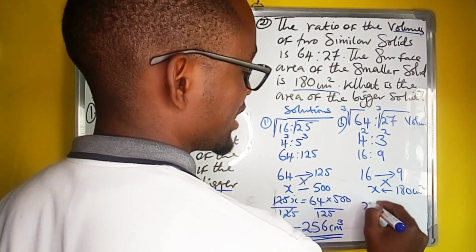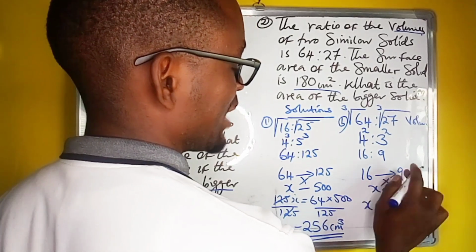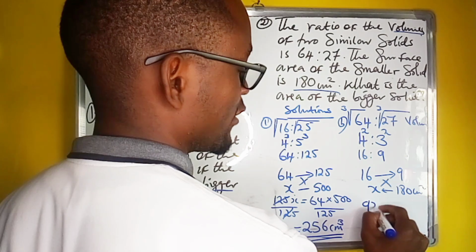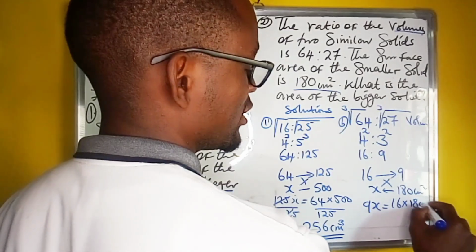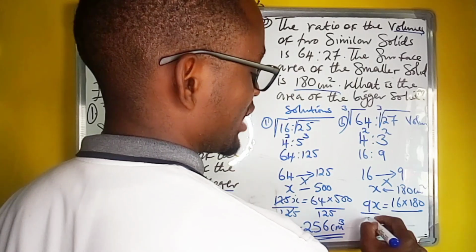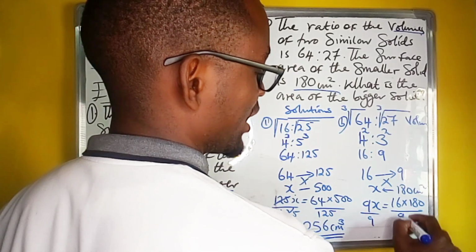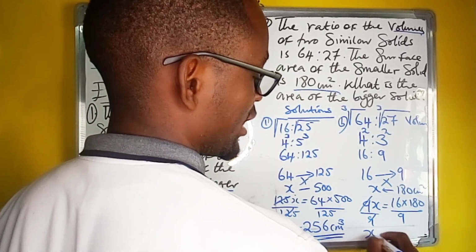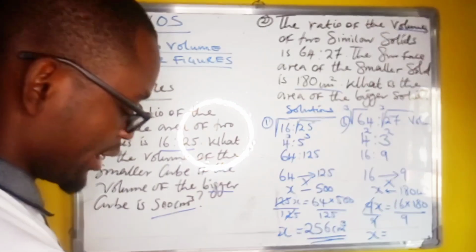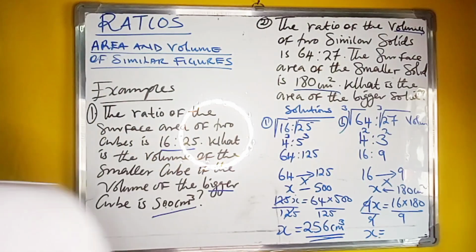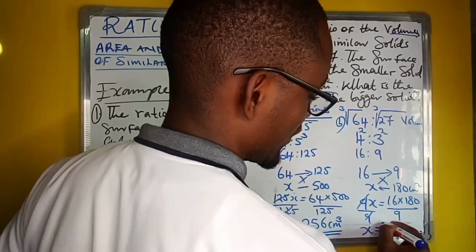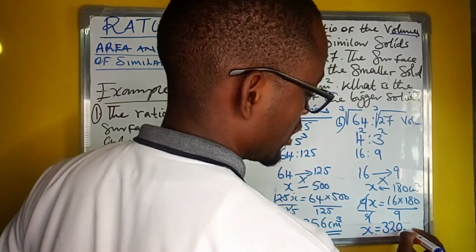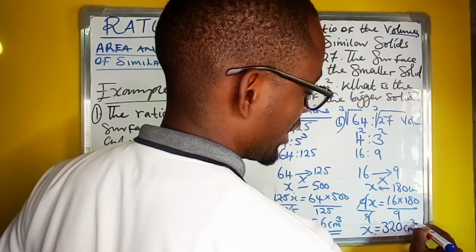So 9 times x gives us 9x. Then we have 16 times 180. Then divide both sides by 9. The area that we are going to find there is 16 times 180 divided by 9. It gives us 320. And we are looking for area.